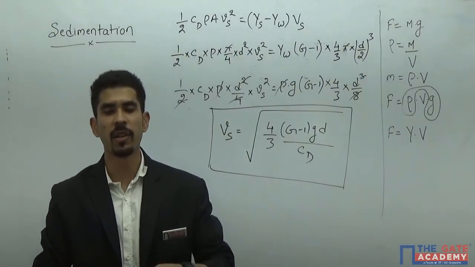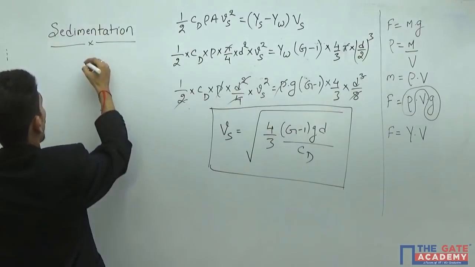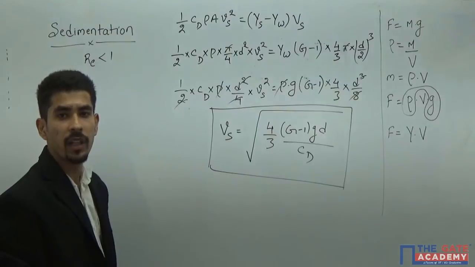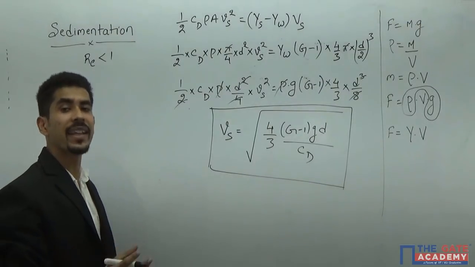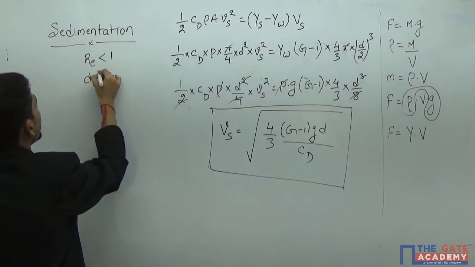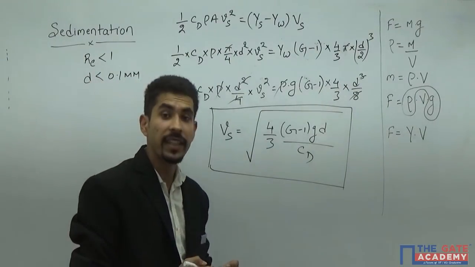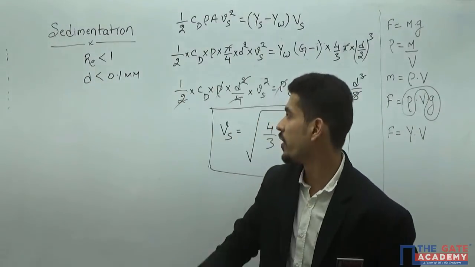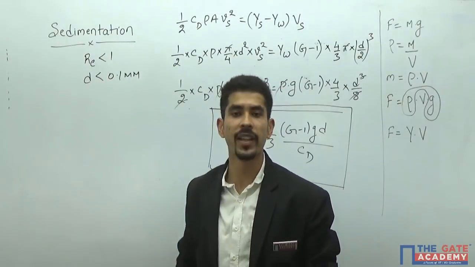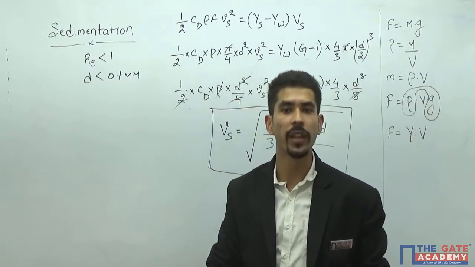If I say that my flow is laminar, that means your Reynolds number is less than 1, and the particles which are settling have a diameter less than 0.1 mm. These are the two conditions when we say that the flow is laminar in our case.